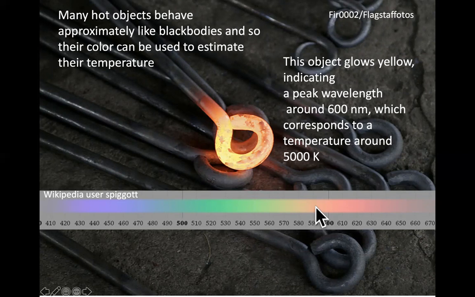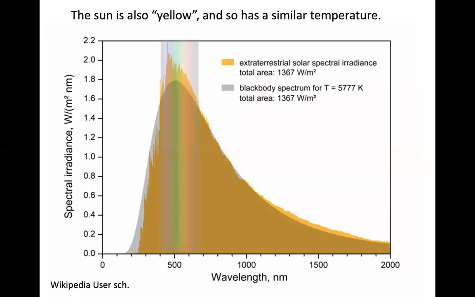That corresponds to a temperature of around 5,000 Kelvin, which is in fact the temperature of this rod. The sun is actually a similar temperature. It's around 6,000 Kelvin, which makes sense because its peak brightness is in the yellow part of the spectrum. That's why the sun looks yellow.